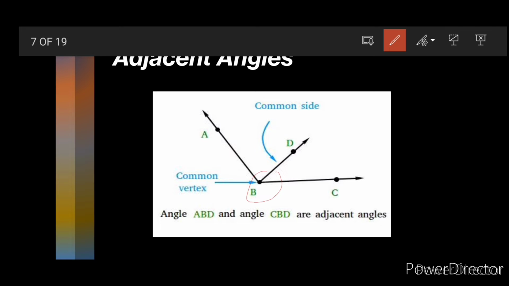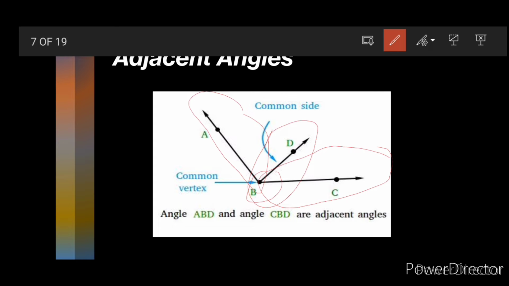We have a vertex, we have a common arm, that is D, and we have non-common arms lying on the opposite sides of the common arm. C is lying on one side and A is lying on the other side. So we can say that angle ABD and angle DBC, or vice versa, but the vertex point should be in the center only. So angle ABD and angle DBC are adjacent angles.